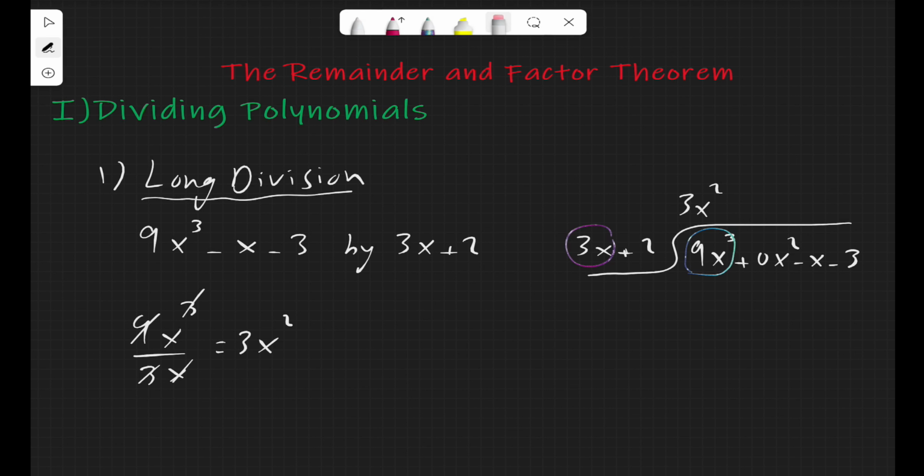After that, I'm going to multiply the answer by everyone. So 3x^2 multiplied by 3x is 9x^3, plus 3x^2 multiplied by 2 is 6x^2.